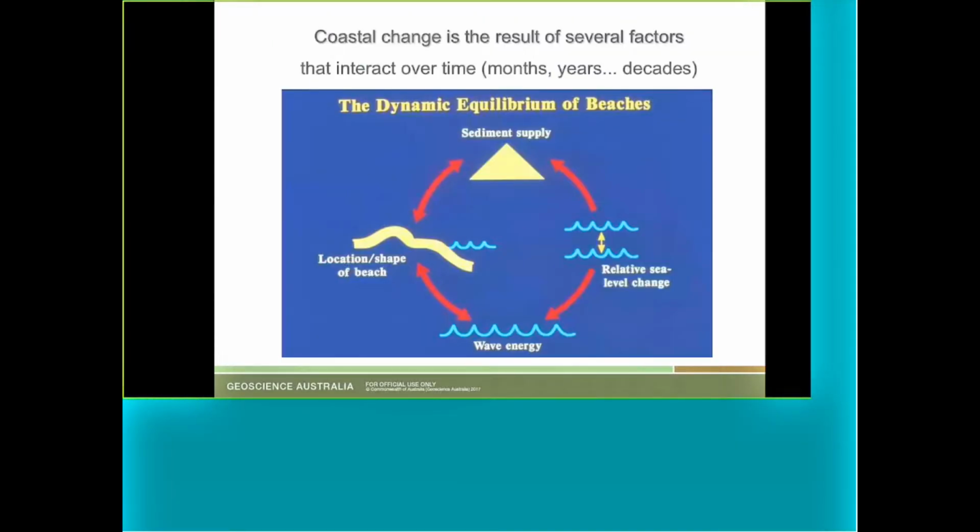With that variability in mind, it's important to think about some of the factors that influence the change of a coastal position and that may lead to coastal erosion. It's illustrated here in this simple schematic diagram, which shows that on the left-hand side we have the location or the shape of the beach. Of course, in the case of coastal erosion, that shape and location is moving inland in general terms, and that is influenced by sediment supply.